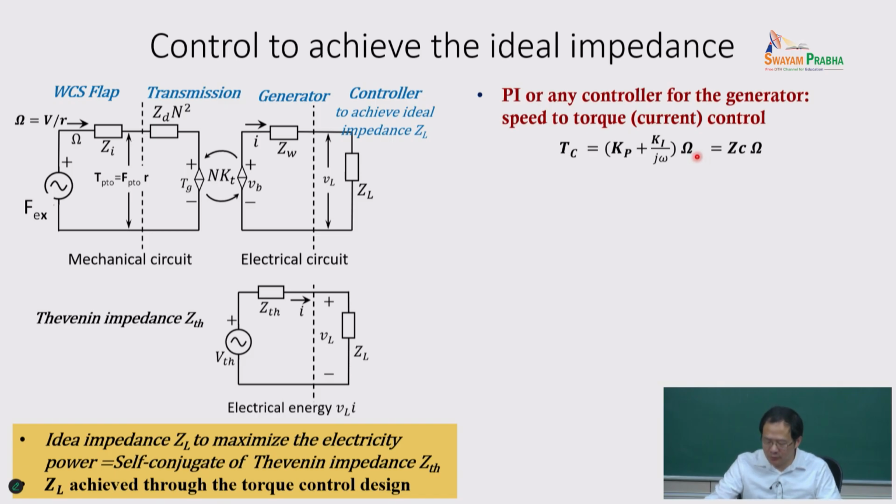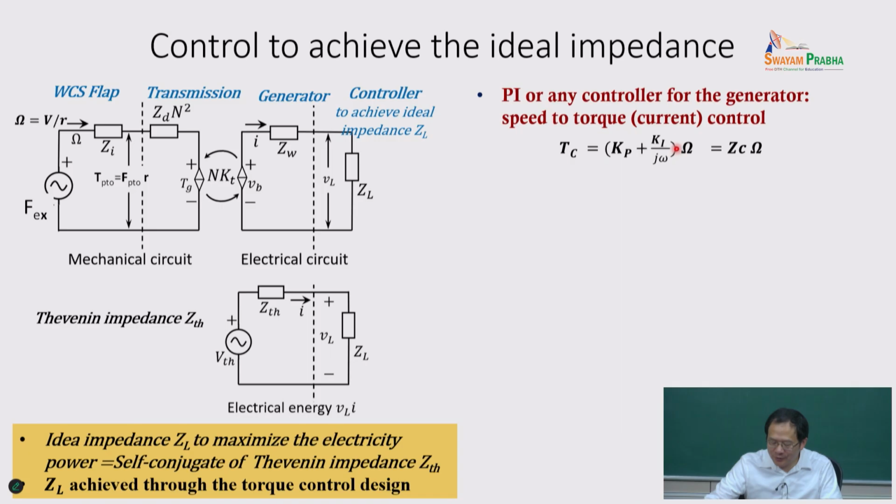Let me correct what I said, it was wrong. Velocity times Kp, what's that? Damping, right? Velocity times a constant generates force, that's the damping. And velocity times the gain divided by j omega, what's that? j omega you can consider as s, so 1 over s means integration. Velocity integration will be displacement.